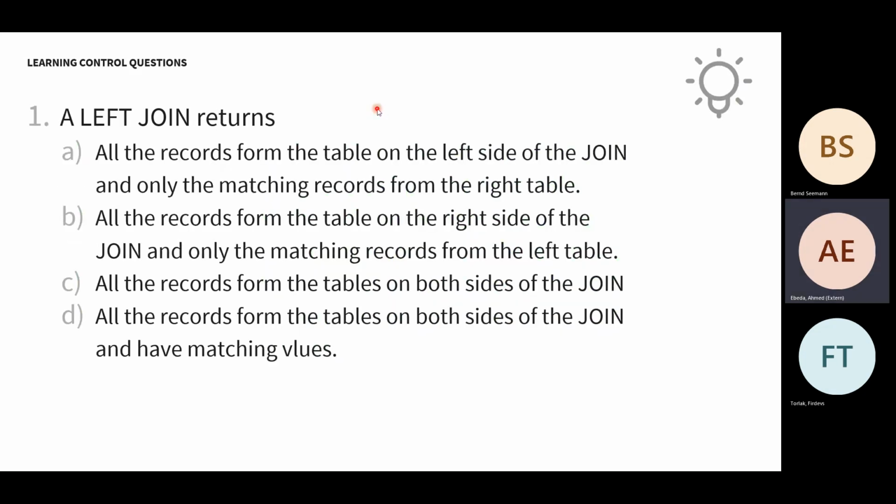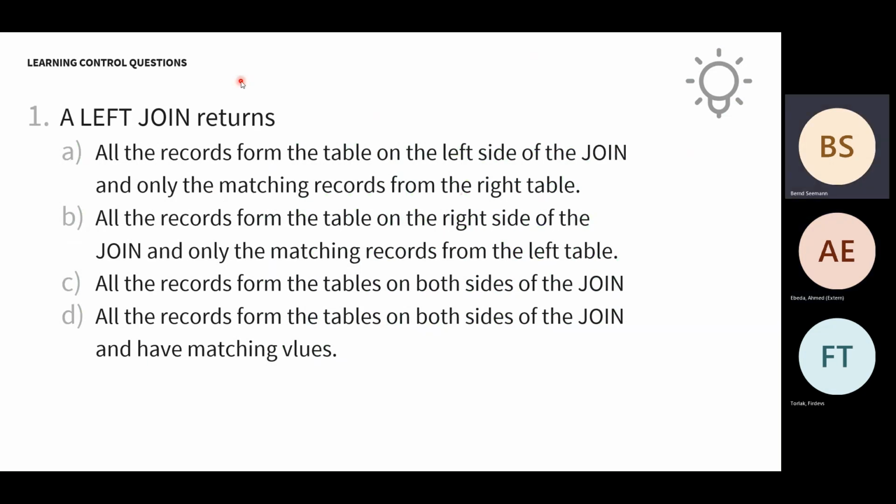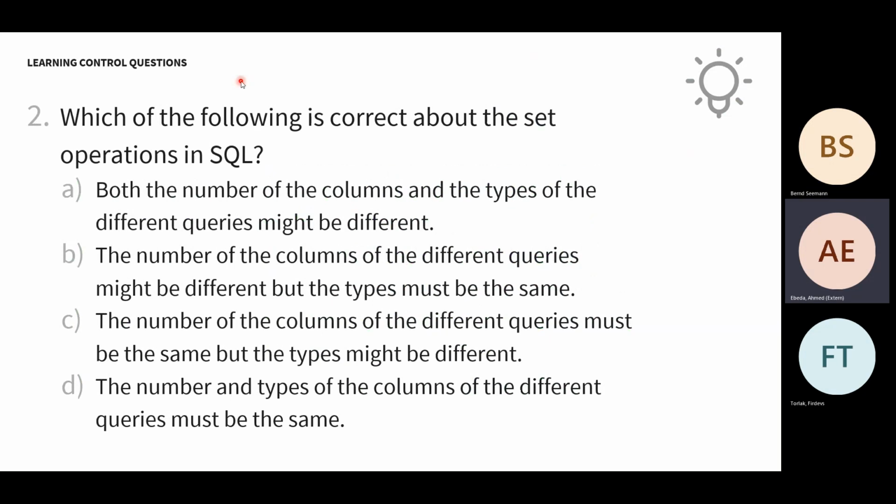Okay, this is the time for questions. Left joins will return what? A, B, C, D. What do you think? Anyone can answer, it's fine for me. It's A, exactly. And which of the following is correct about the set operation in SQL?